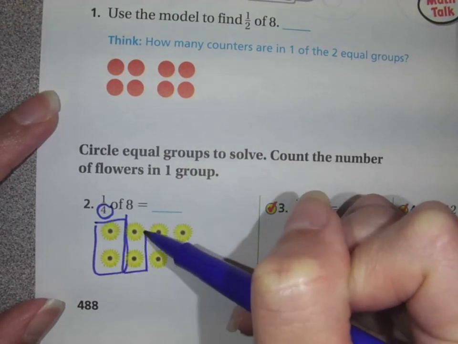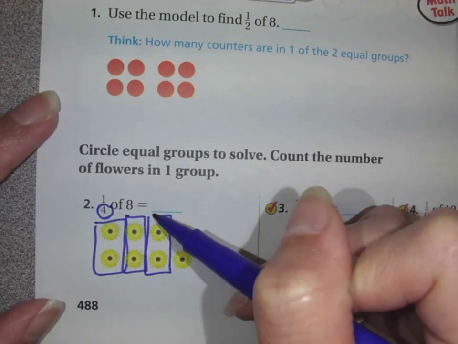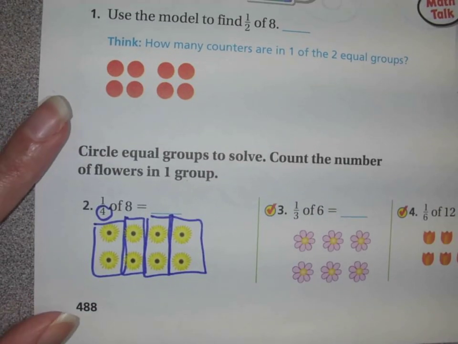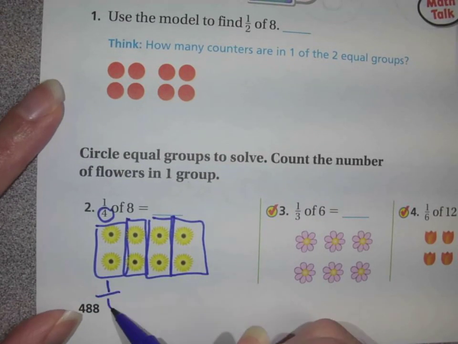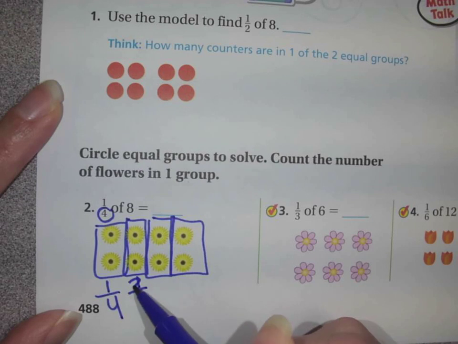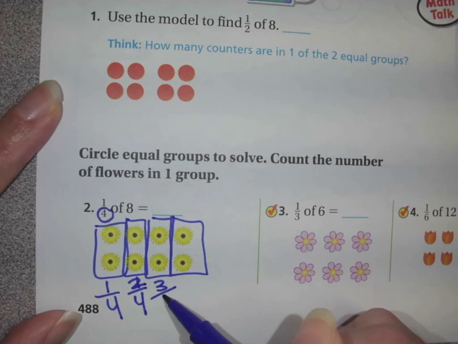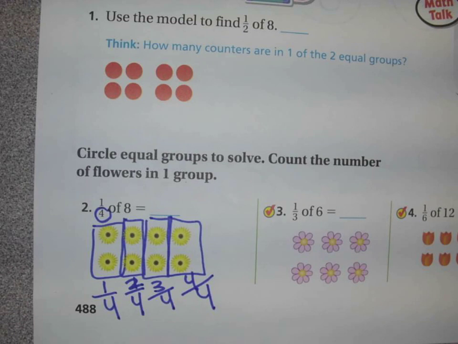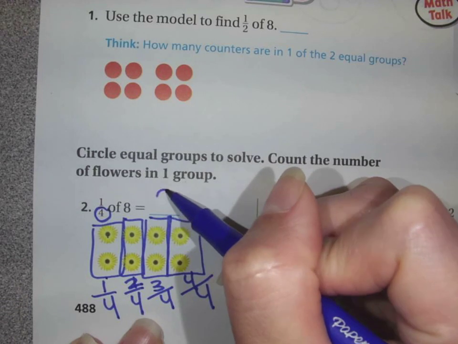They already have the picture for us. So I'm making 4 groups, right? 4 groups of 8. Well, this is the 1st, the 2nd, 3rd, and 4th. We want to know 1/4 of 8. How many are in this group? 2. So 1/4 of 8 is 2.